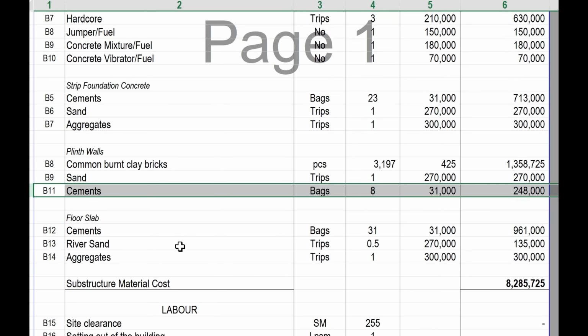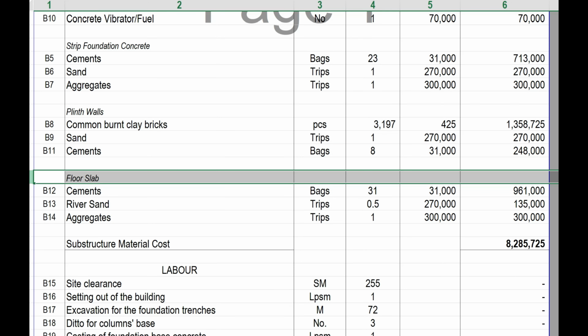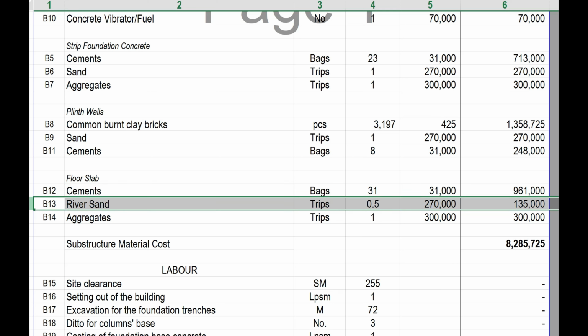Then after that, we go to the floor slab, whereby we are going to cast the oversite concrete. Then you might need 31 bags at a rate of 31,000, summing up to 961,000. Then you might need river sand.